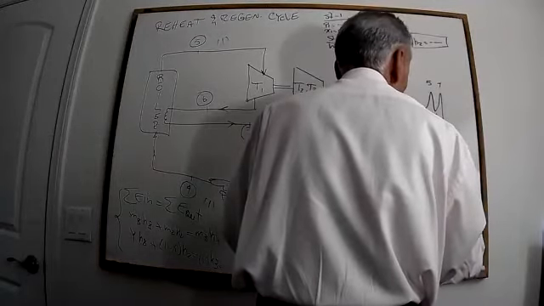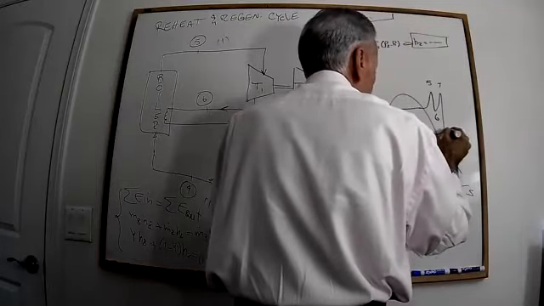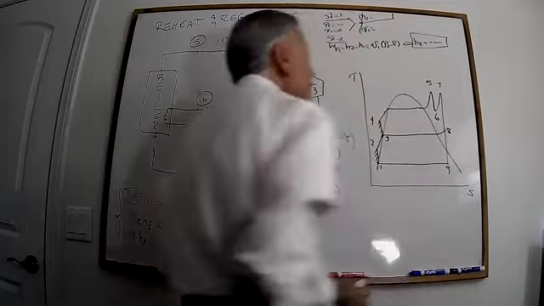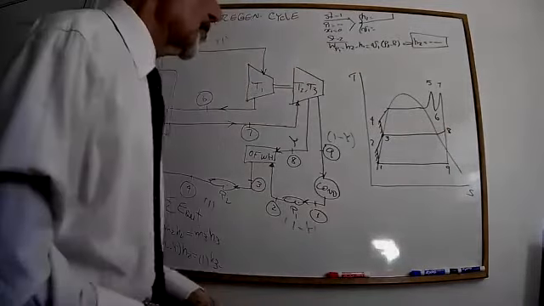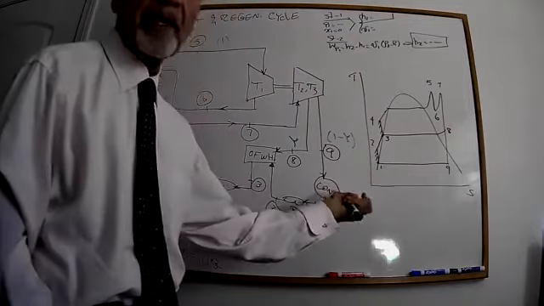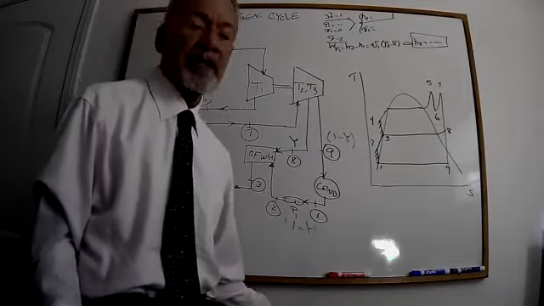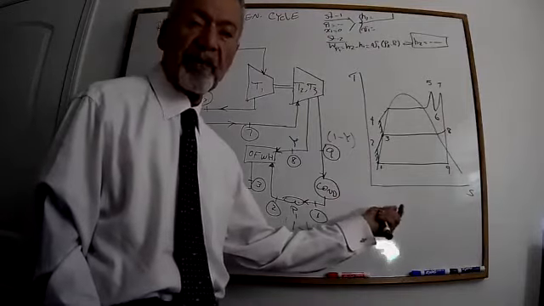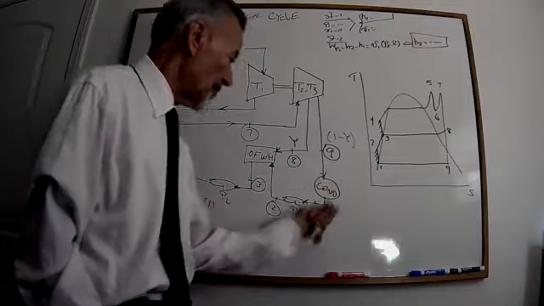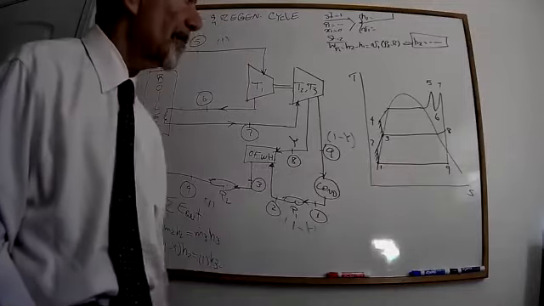So that's point 9, point 8 is right here. Now this would be the TS diagram. As you can see, it's very easy to develop without memorizing anything, without looking at the table or your textbook or anything. You can just follow your diagram and draw the TS diagram.